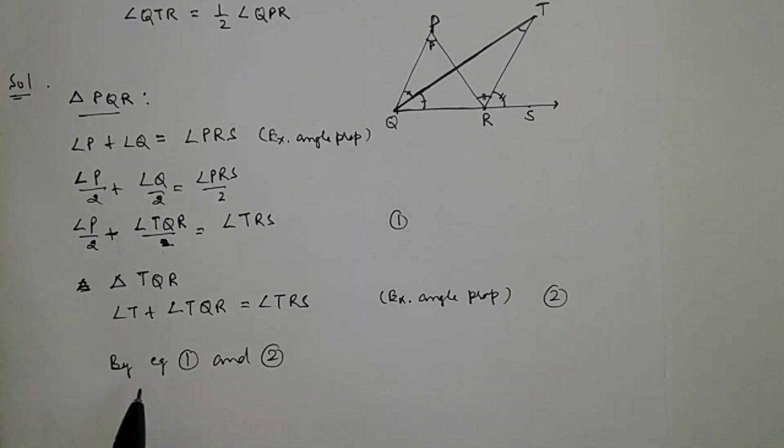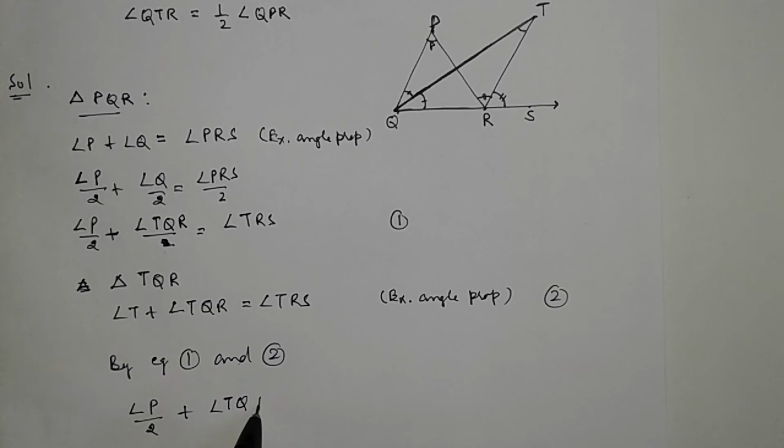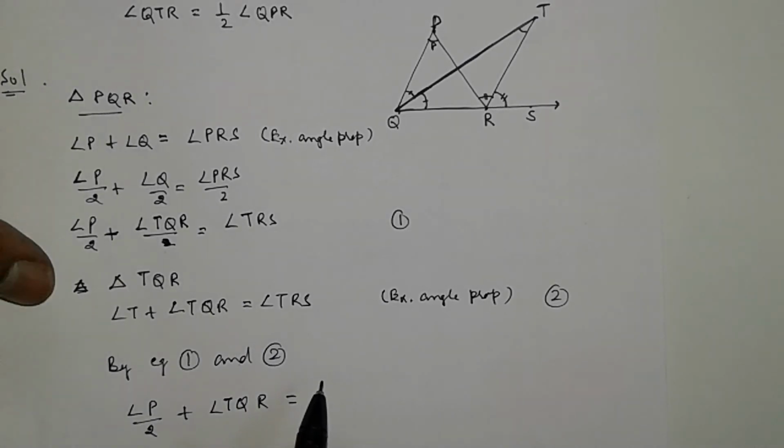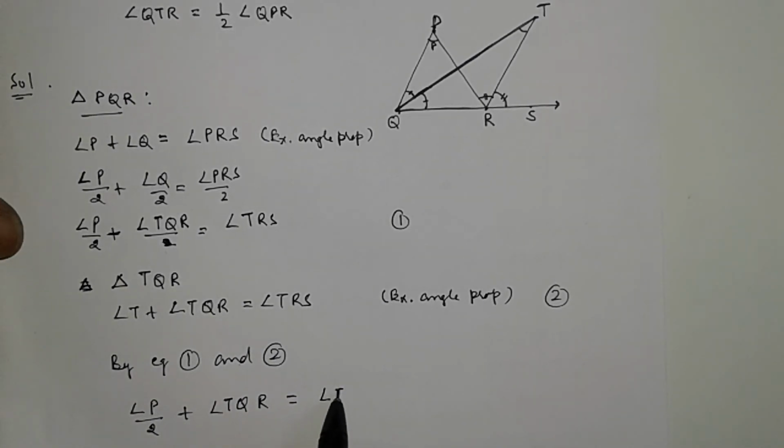So we can write angle P by 2 plus angle TQR is equal to angle T plus angle TQR.